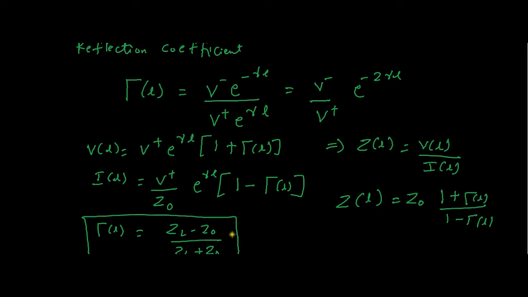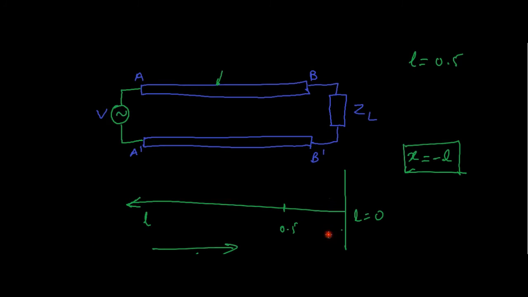Now, without losing generality, let us take the load end of the line as the reference point, as we did earlier. So at L equal to 0, that is at this point, Z of L will be equal to ZL, that is this impedance.